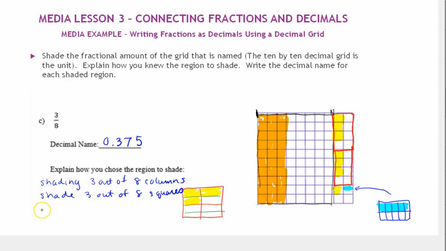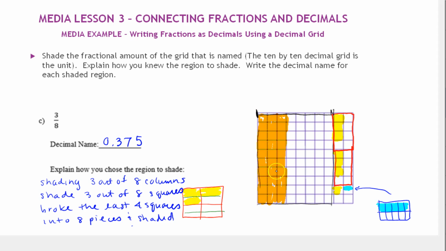And then we broke the last 4 squares into 8 pieces and shaded. So that gives a general description of what we did.